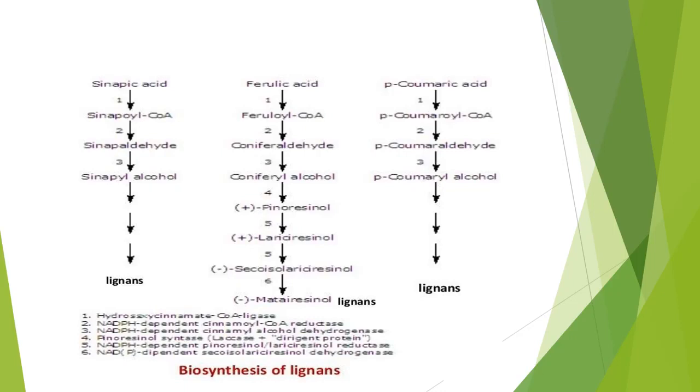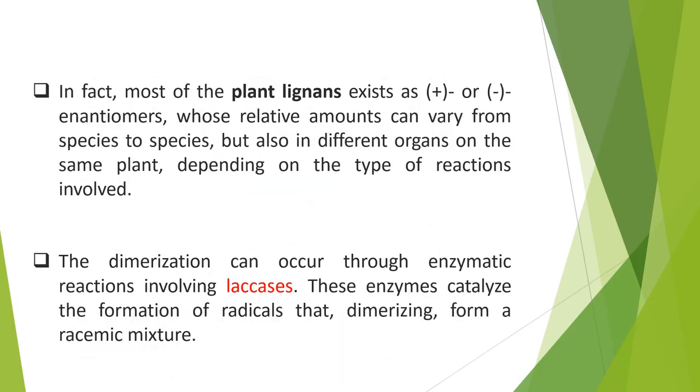You can see the different steps. In fact, most of the plant lignans exist in dextrorotatory or levorotatory enantiomers, whose relative amounts can vary from species to species, but also in different organs of the same plant, depending on the type of reaction involved.